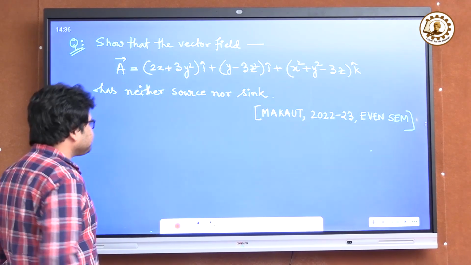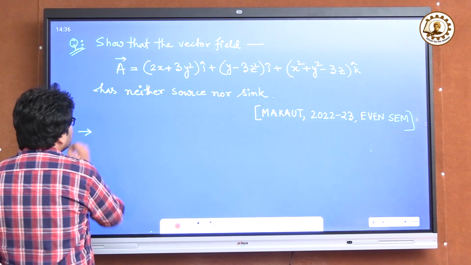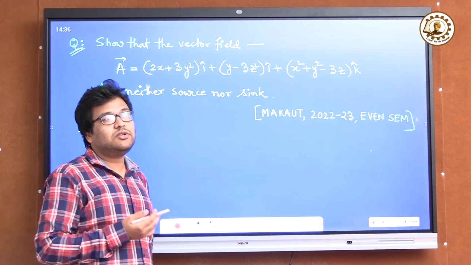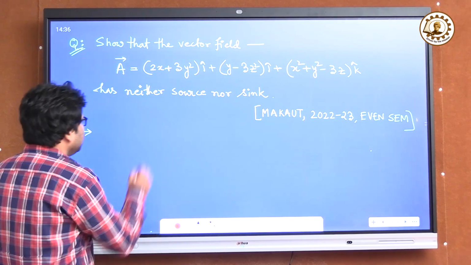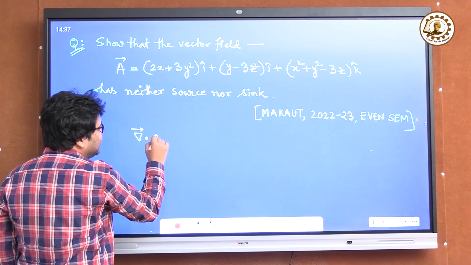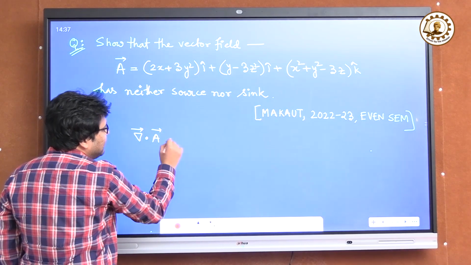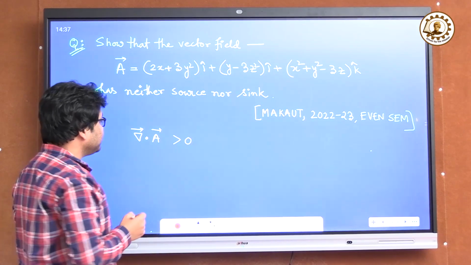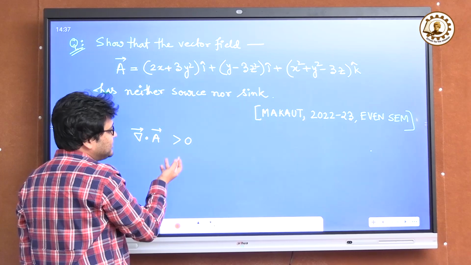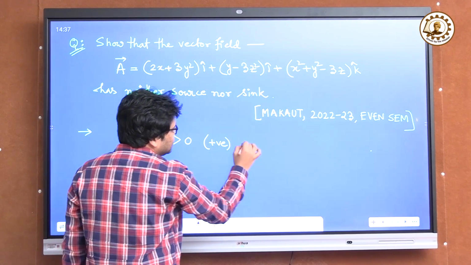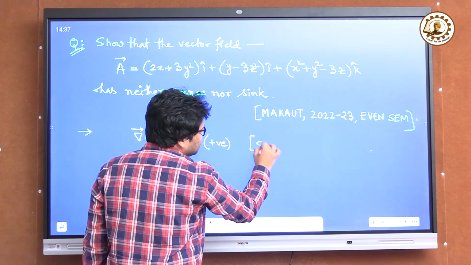So let's start. Now, in case of vector, what do you mean by source field or sink field? If we take the divergence of any vector field A, and this divergence is a positive quantity, that means it is greater than 0, then it gives us a source field.